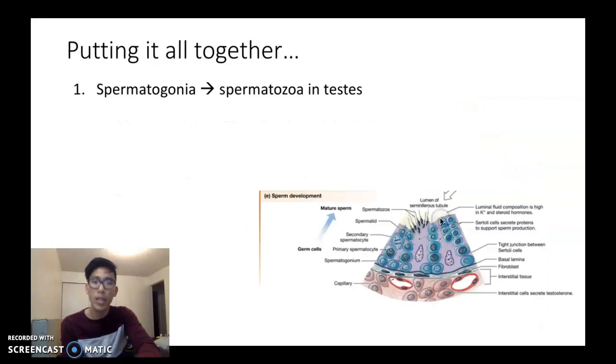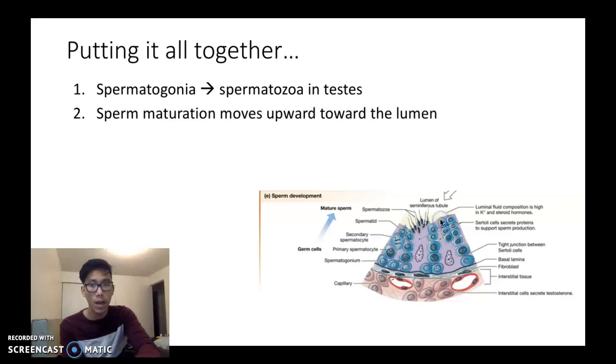Okay, so putting it all together, the takeaways from this lecture: I want us to know that spermatogonia differentiate into spermatozoa in the seminiferous tubules of the testes. The developing immature sperm cells move from the basolateral end all the way to the tubular end of the lumen of the germinal epithelia.